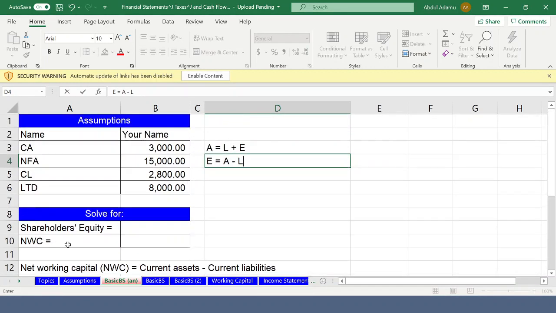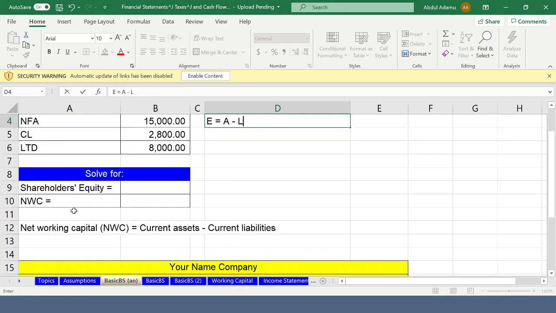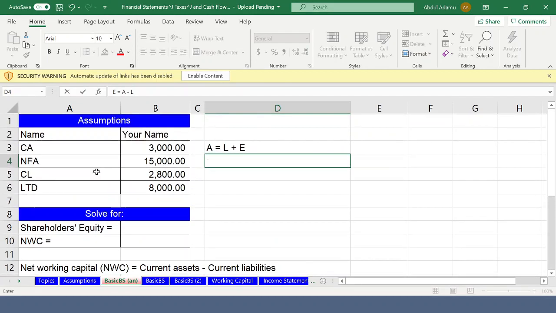Secondly, net working capital. We can get the net working capital by subtracting current liability from current asset. You can see our current liability is 2,800. Our current asset is 3,000.